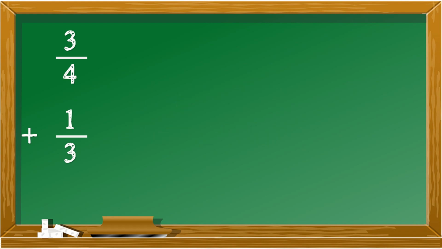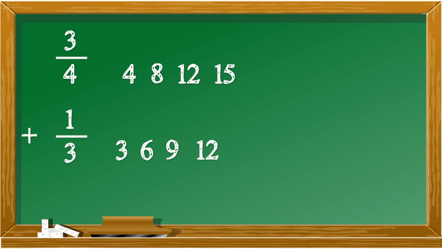To do that, list down first all the multiples. And now, look for the LCM, or the least common multiple of 4 and 3. What is the number that they have in common? That is 12.